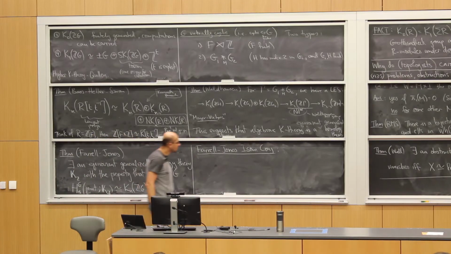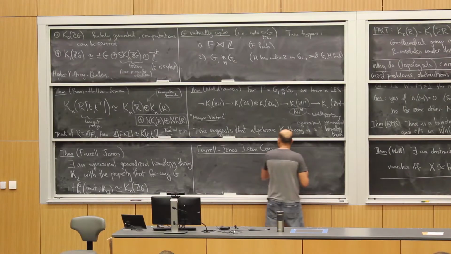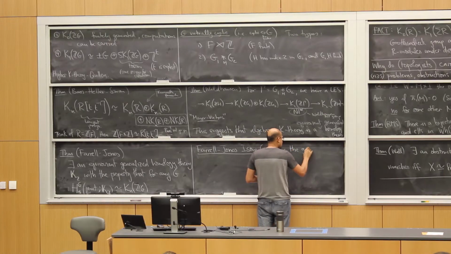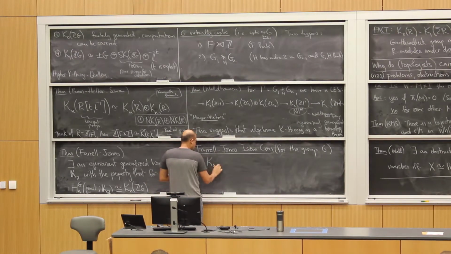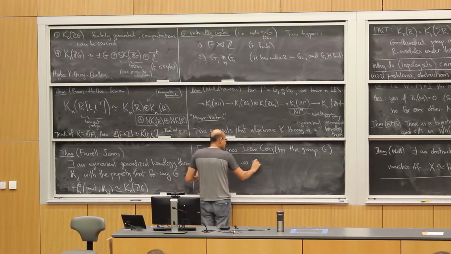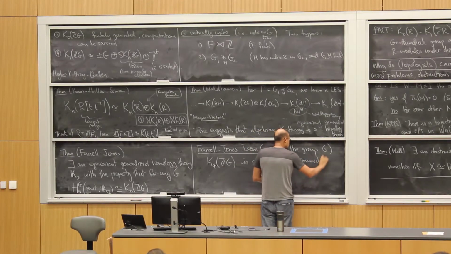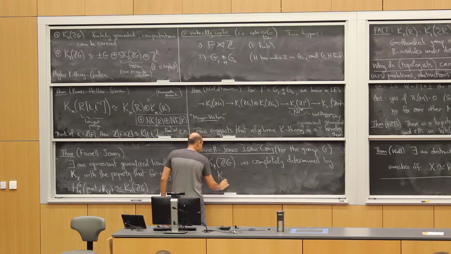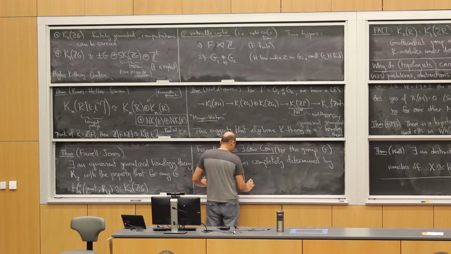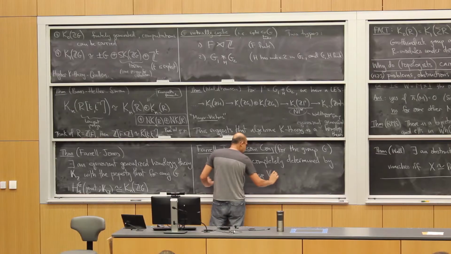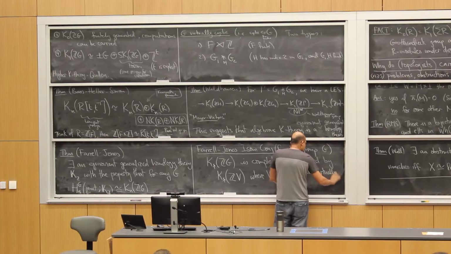For the group G, it says that the K-theory of ZG is completely determined by the K-theory of its virtually cyclic subgroups V, where V ranges over all virtually cyclic subgroups.